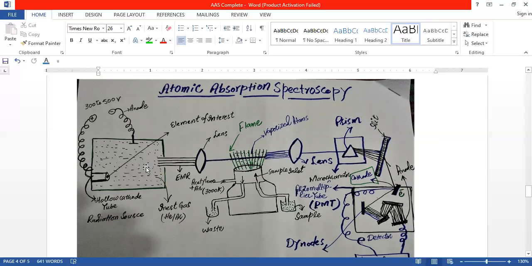For example, if we are analyzing sodium, then we will take sodium here. If we want to analyze calcium, we will take calcium here. So that element will go to the excited state.